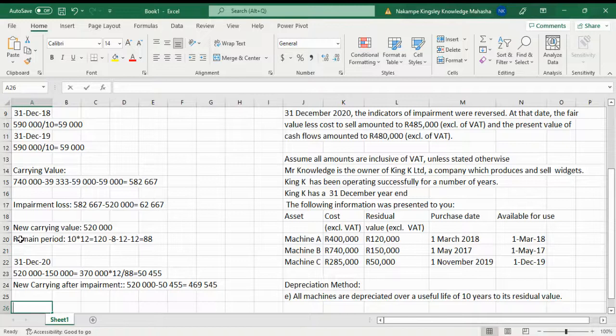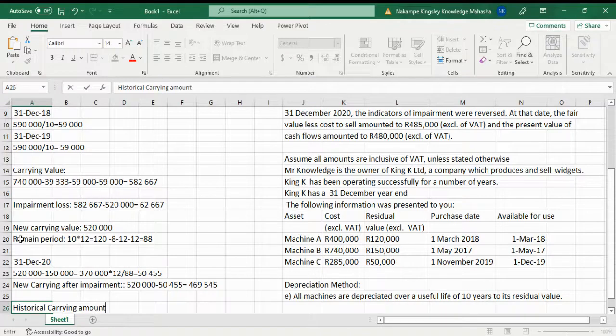That is your new carrying value after impairment. And then you're going to also calculate your historical carrying value. What is your historical carrying value? The historical carrying value is actually the carrying amount that would have been if we didn't have impairment, right? So remember that our depreciation was still going to be the same 59,000, right?